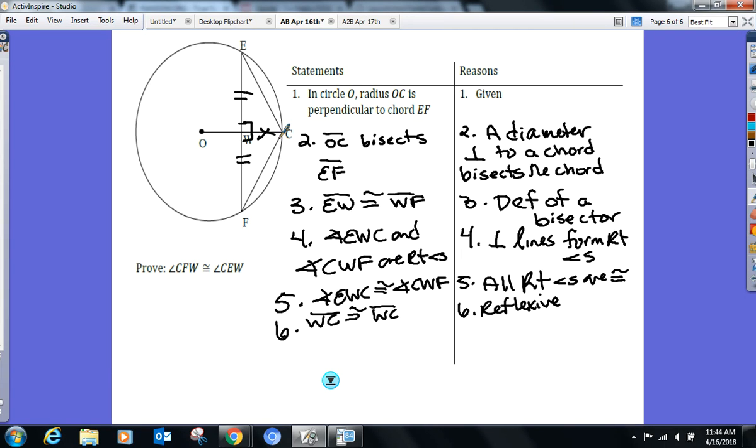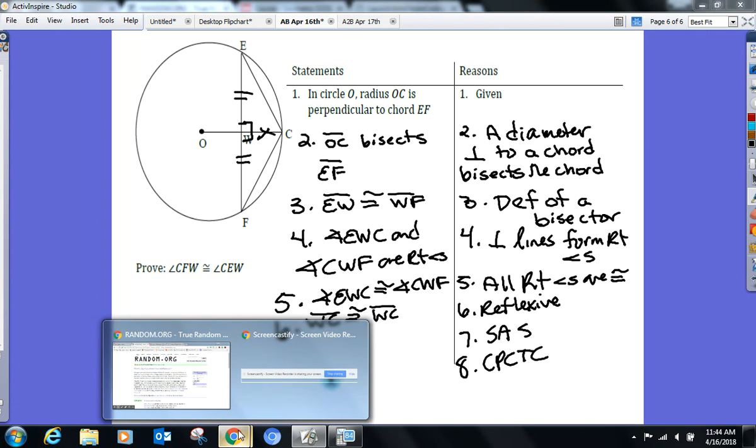What are the letters that just roll off your tongue? C, P, C, T, C. Side angle side. C, P, C, T, C. Come on, we got a Regents in 2 months.